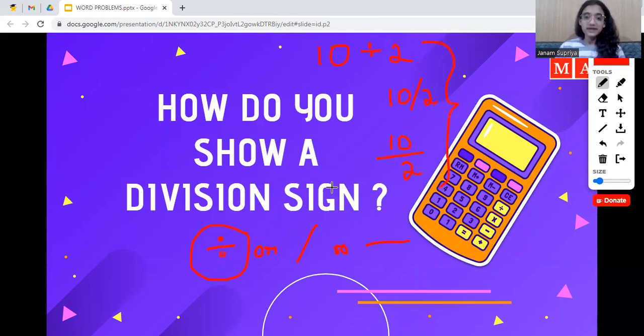But mainly we will be using the first one in our calculations. So this was the summary of the signs we use for multiplication and division.